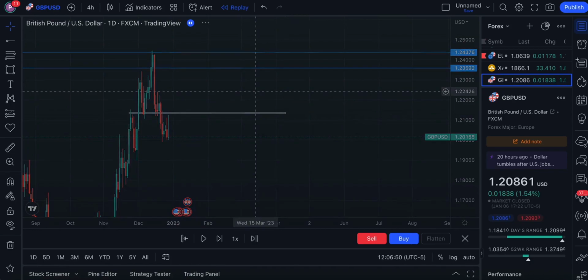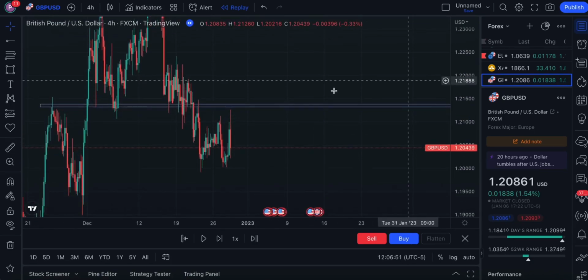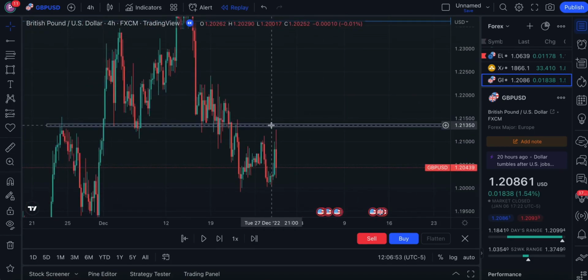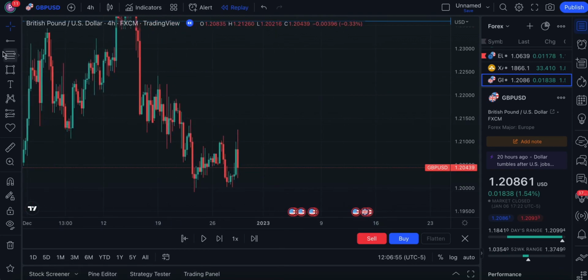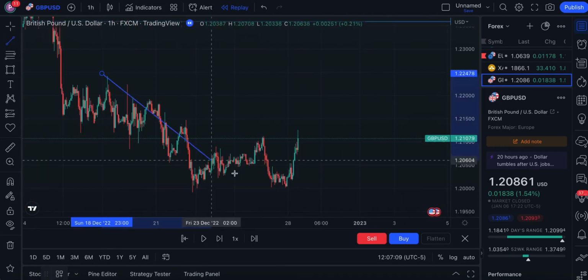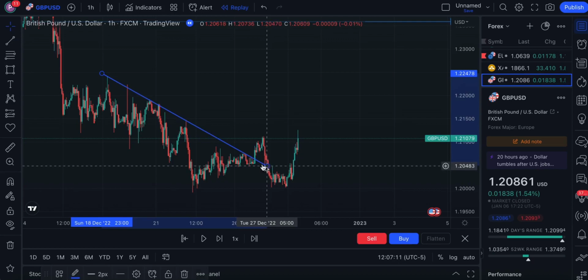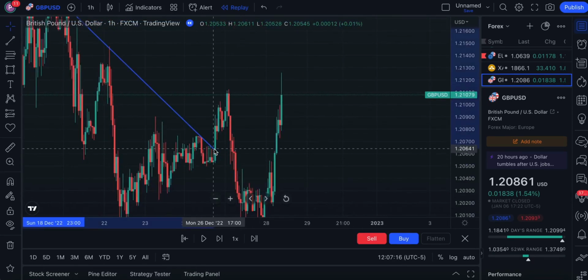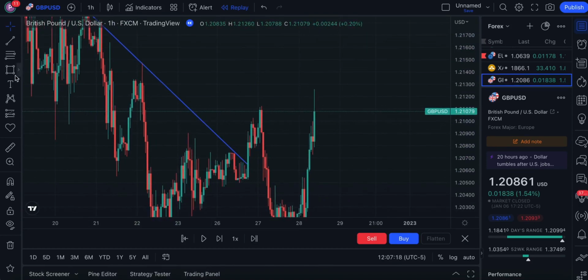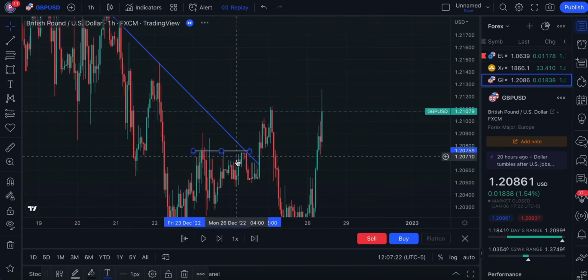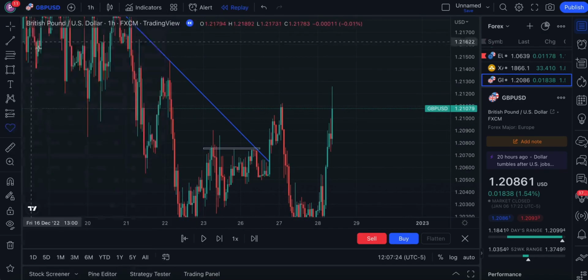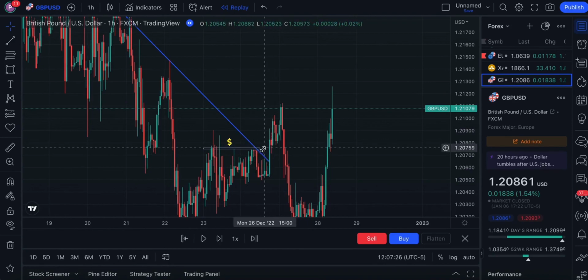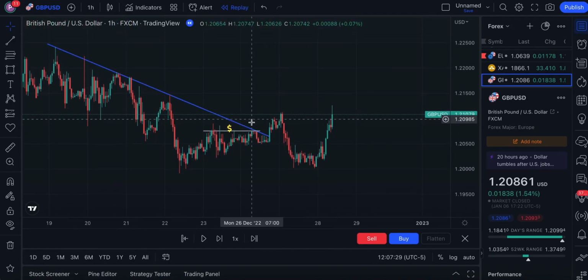And on top of that, on the 4 hour or the 1 hour, we can see price creating some sort of trend line. For retail traders, they saw these equal highs in here, and they saw this trend line and thought it must have been a great opportunity to sell right at this area.